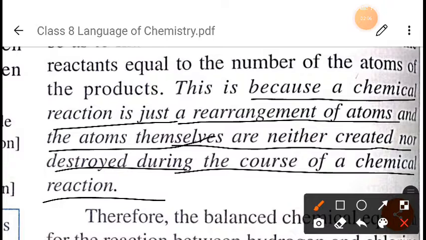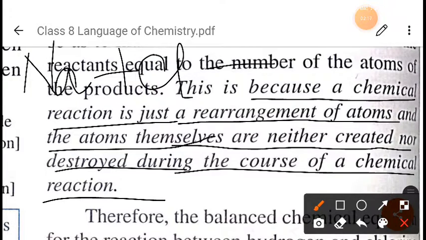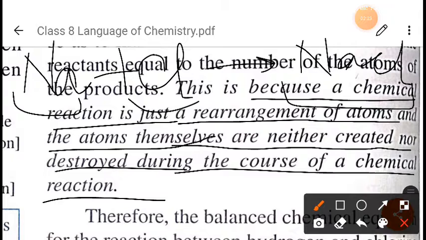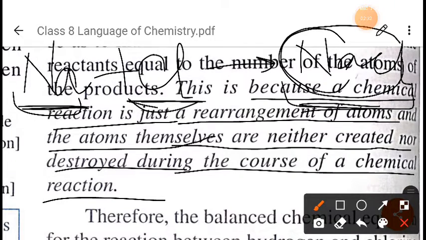I will give you one example. Suppose there is sodium, and this sodium is reacting with chlorine to form NaCl. When you see the properties of NaCl, they are entirely different from sodium and chlorine. But in sodium chloride, the atoms are sodium and chlorine only.